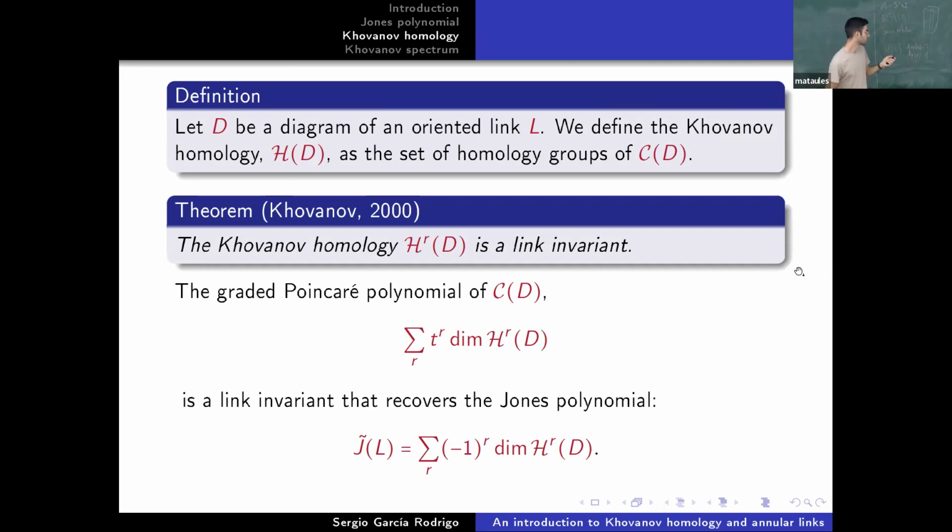A good thing about this invariant is that it can recover the Jones polynomial. There's the graded Poincaré polynomial, which is just the dimension of the homology with some variable t, and when you take t equal to -1, you get the Jones polynomial, or a version of it.